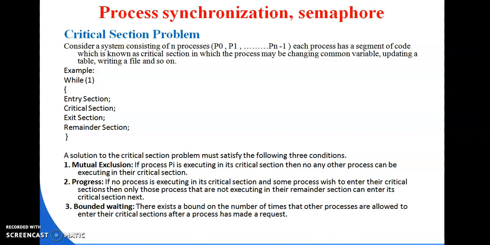So, for example: entry section, critical section, exit section, remainder section. That means when you're writing a program, say using a while condition, the initialization of the variable is the entry section.